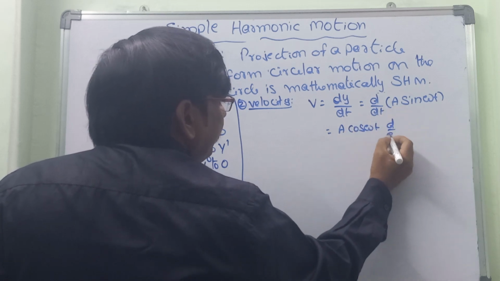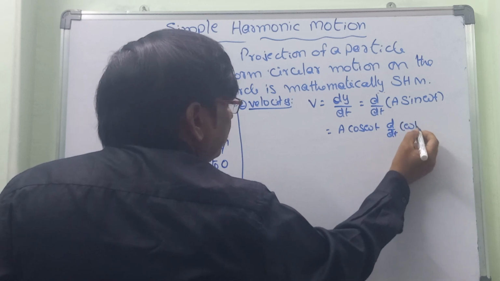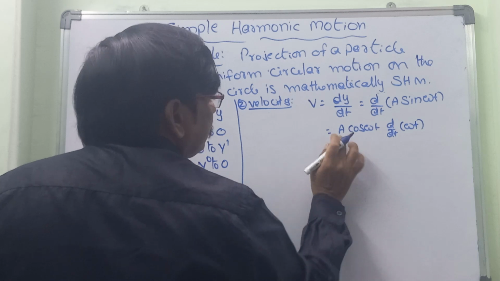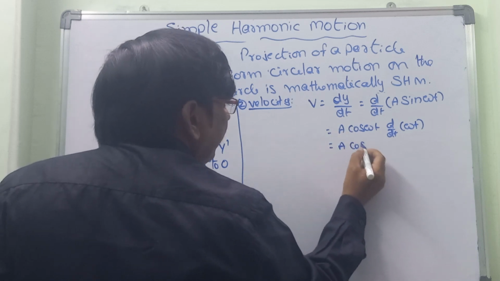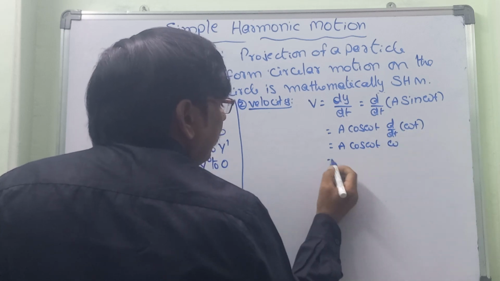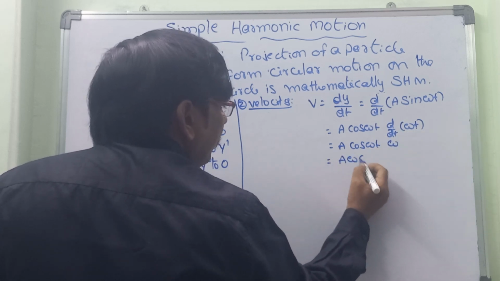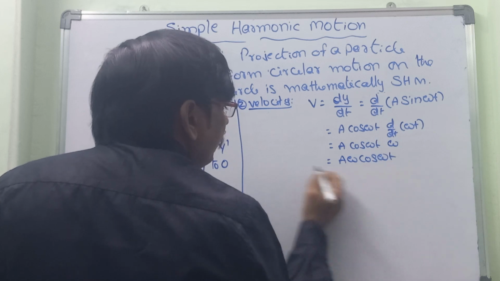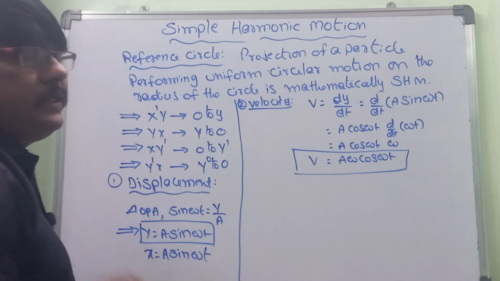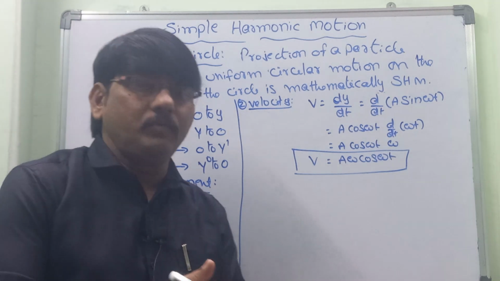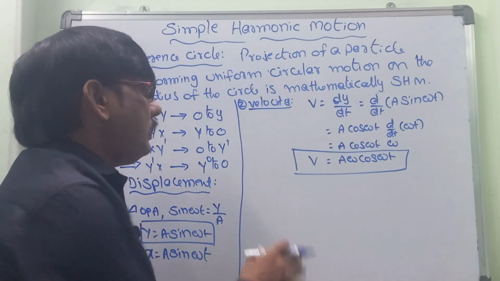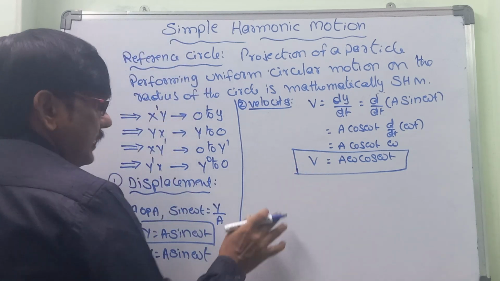Again we differentiate omega t using the chain rule, giving omega. So ultimately we can write A omega cos omega t. This is a very popular expression for velocity. The velocity of a particle in SHM is v is equal to A omega cos omega t. Now let's write one more expression.